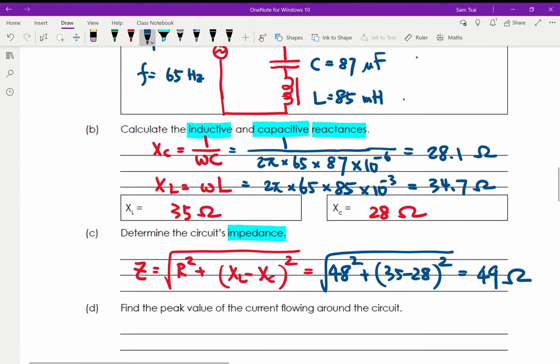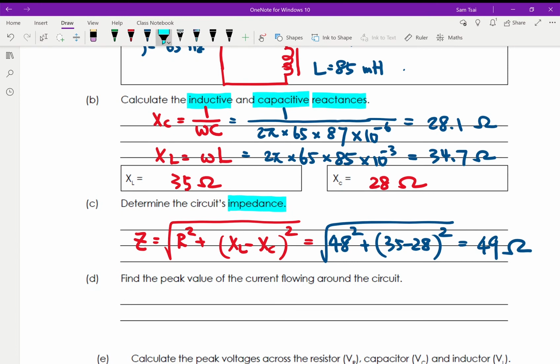Now find the peak value of the current around the circuit. We know V equals IZ, like Ohm's law, and the peak value of the voltage is already given. Since we want the peak current, we don't need to convert to RMS.